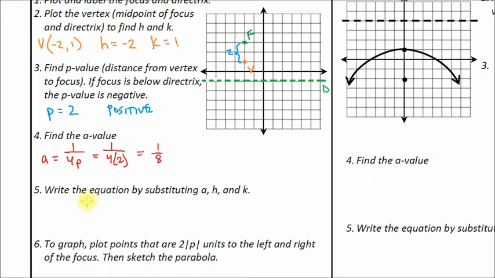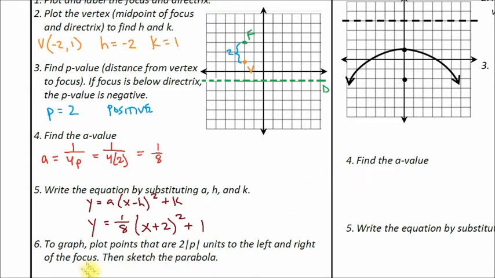Our equation will always start with vertex form. Y equals a times x minus h squared plus k. So y equals 1/8. There's our a value. Our h value is -2. We're going to flip the sign to put it in vertex form. And then our k value, we keep the sign, that is +1.